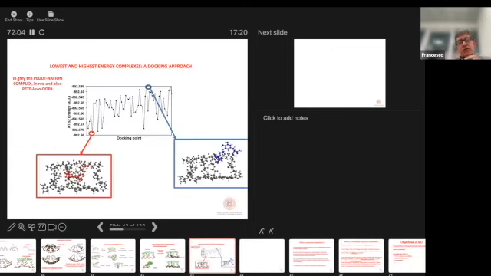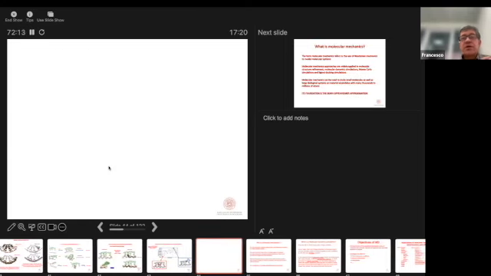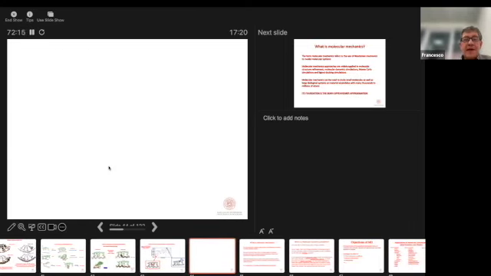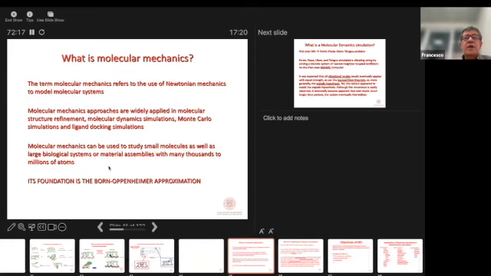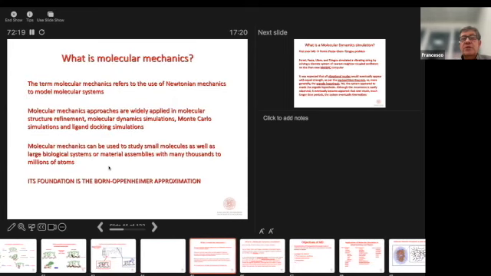And of course, in the process of doing this, a variety of methods of quantum chemistry are used. Now, here there is a blank slide, and the reason is that I would like to switch to molecular mechanics. There are several ways of looking at molecular mechanics.